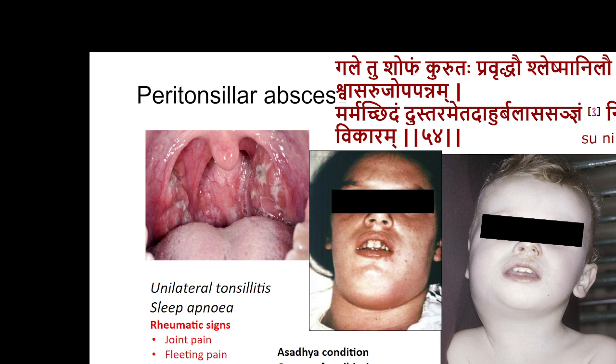Then another of the features where you may have to be careful would be a patient having unilateral tonsillitis, and if the child has sleep apnea, then you have to be careful. That's one of the conditions which can result in more serious complications. When there is rheumatism, the rheumatic features would be joint pain, fleeting pain, tachycardia, murmur, or chorea-like conditions, irregular movements of the body.